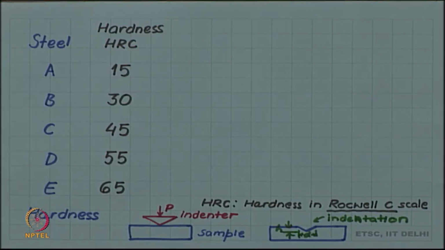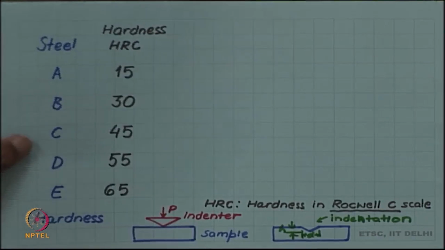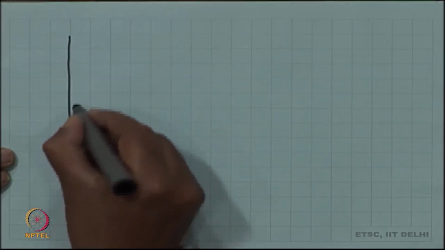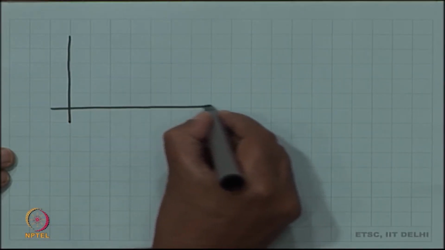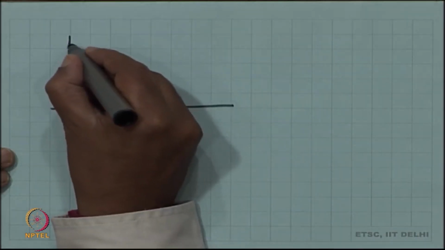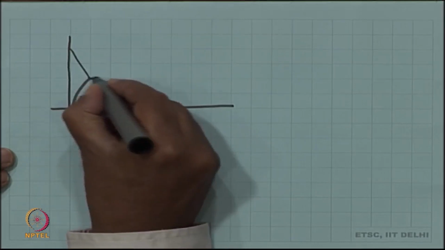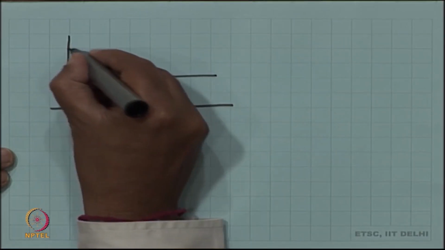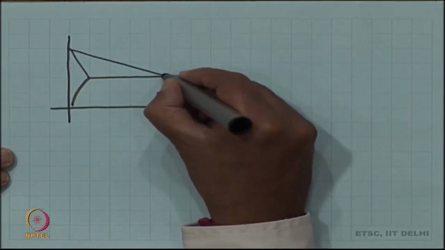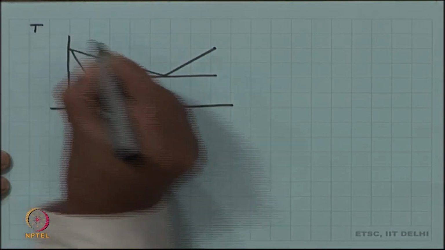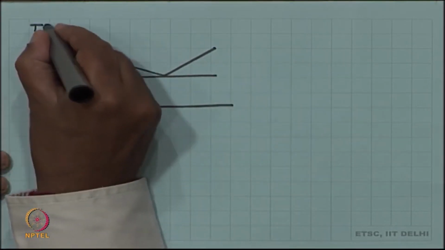If we go by, if you remember for the moment, our iron carbon diagram. Recall that we studied the iron carbon diagram in detail, and we said that it was the lower portion of the iron carbon diagram which was of interest to us. The y axis is temperature axis.